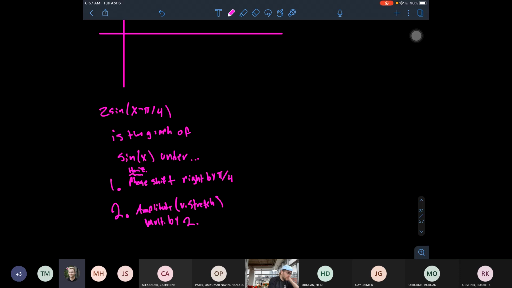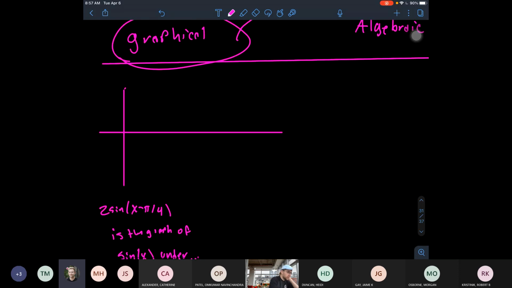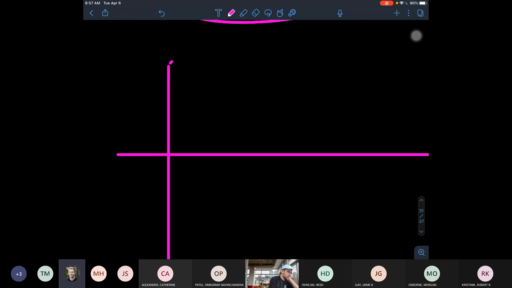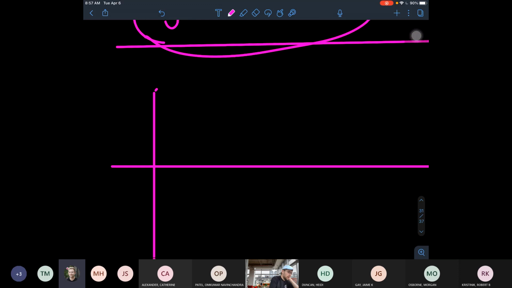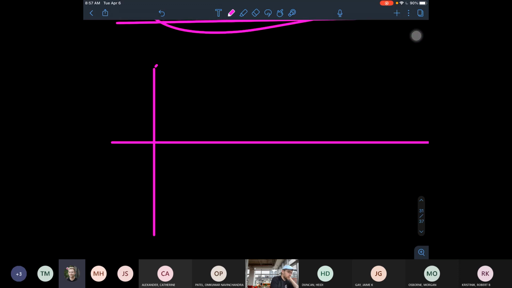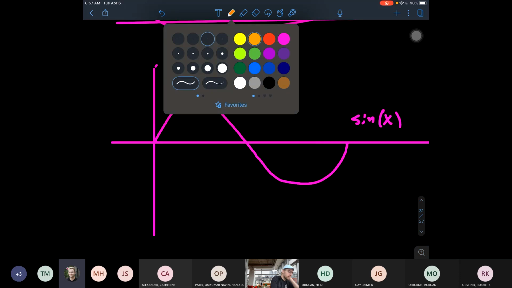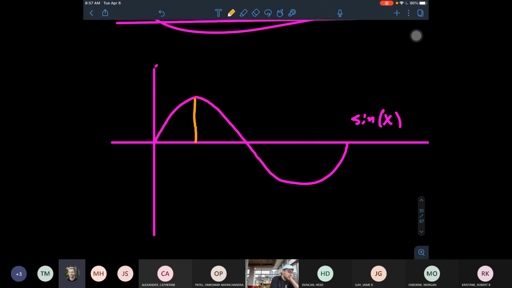Okay, so how should I draw this? Let's start with just the sine function. I know the sine function starts at 0, 0, and then it goes up like this, and then comes down, and then comes back, right? So here's sine of x. Someone tell me, what is this distance from here to here on the sine function?